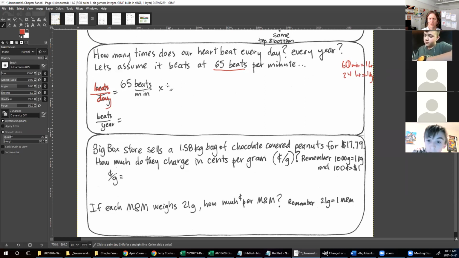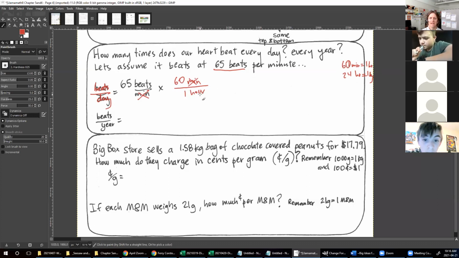Because minutes are on the bottom, I want to multiply by something where minutes are on the top so I can cancel these. Well, I know that 60 minutes is 1 hour, so I'm going to fill that in. Okay, so when I do this, the minutes will cancel out, and I'm going to have 65 times 60 beats per hour.